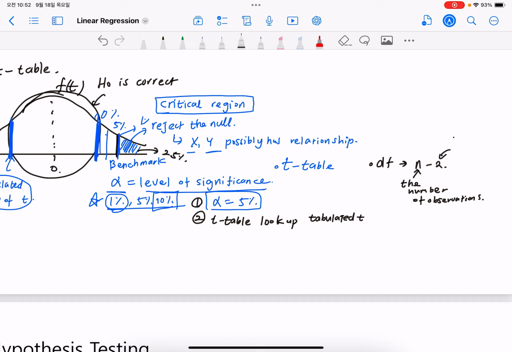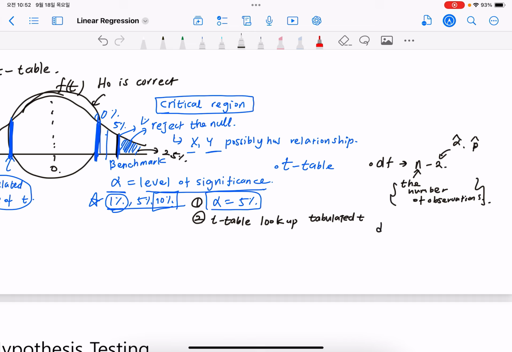Two is the parameters that we set, alpha and beta. So we already have alpha and beta, and other than that, the remaining observations have freedom, like how many degrees of freedom in your observations you have. That's sort of the degrees of freedom.